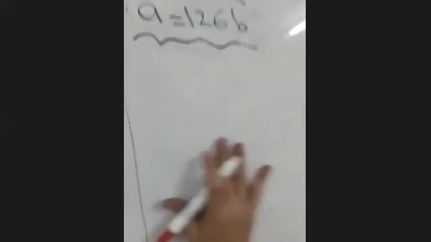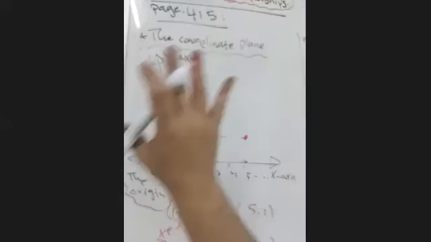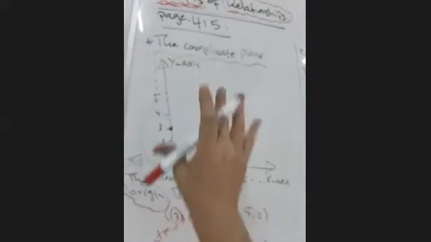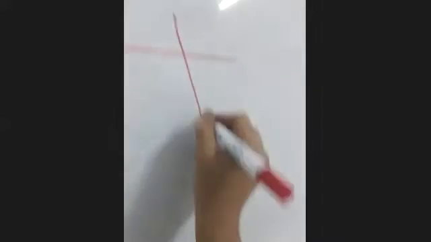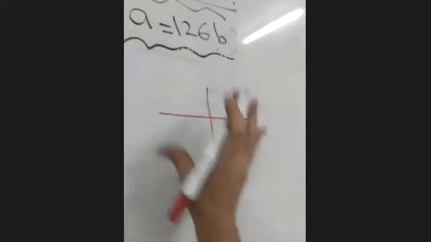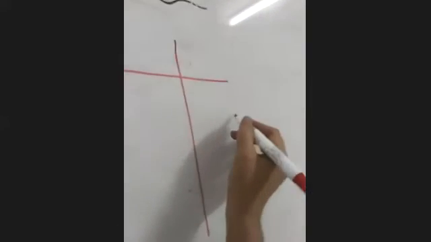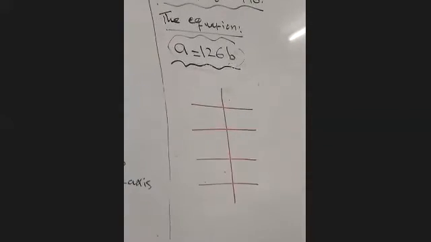Graph the relationship on the coordinate plane. Yes. This relationship, we will graph it in the coordinate plane, okay? Now, to graph it, we need to fill the table, okay?